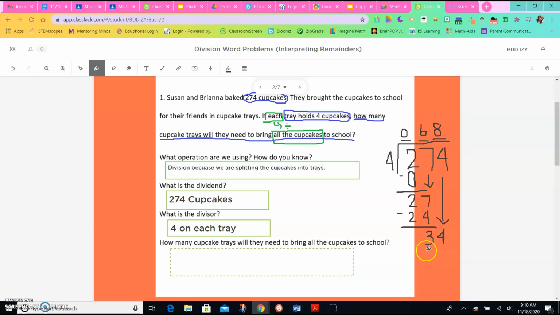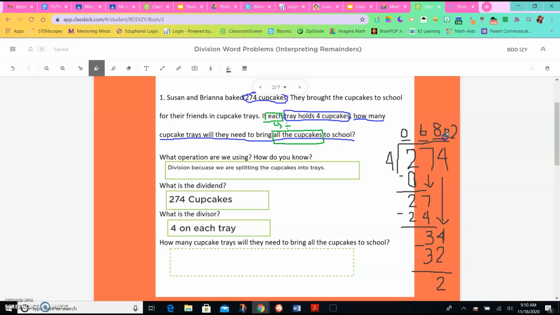So 8 times 4 equals 32. I'm going to put that underneath my 34. I'm going to subtract: 34 minus 32 equals 2. 2 is smaller than 4, and I don't have any more to bring down, so this 2 is going to be my remainder of 2.